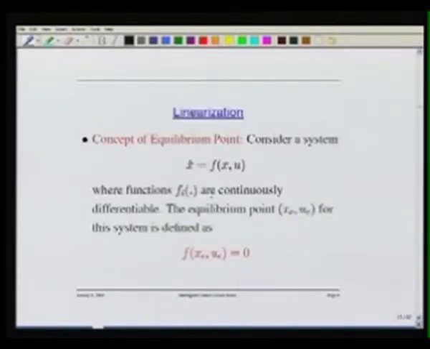What is an equilibrium point? At an equilibrium point, the dynamics become 0, that is, the derivative of the states becomes 0. So, if x e and u e correspond to a specific equilibrium point, you substitute and equate to 0, and you find the equilibrium point.